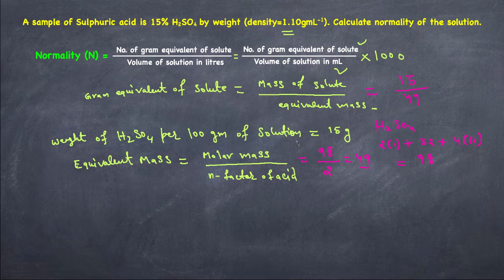So gram equivalent in our case is 15 over 49. So we got the numerator. Now calculate the denominator. Denominator is volume of the solution. We know volume is equal to mass over density.